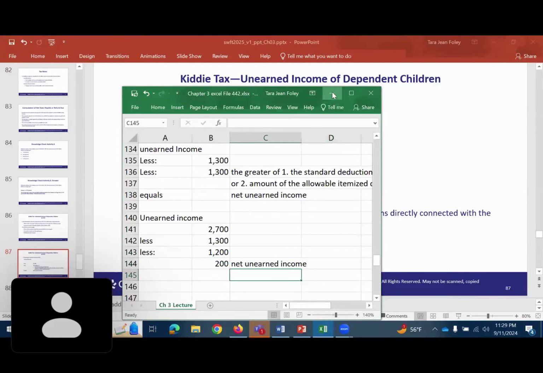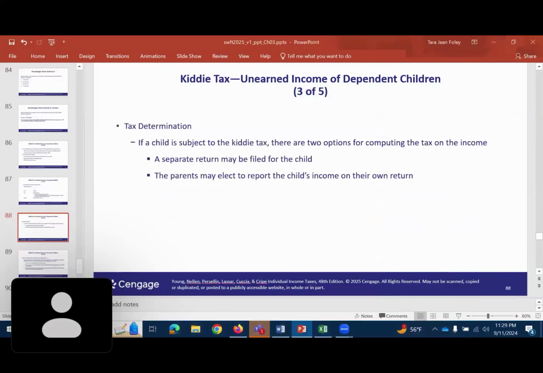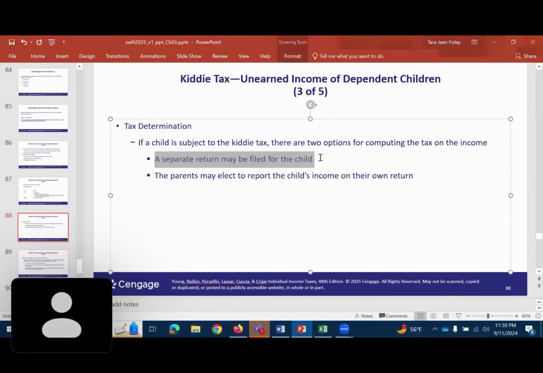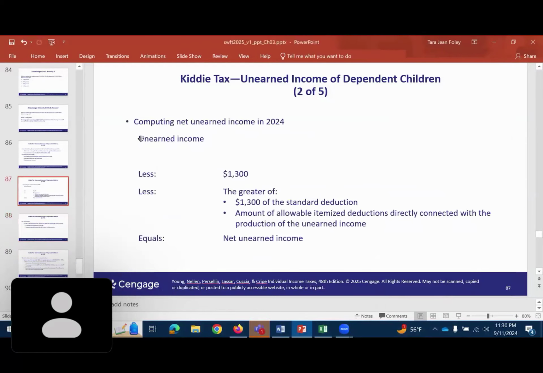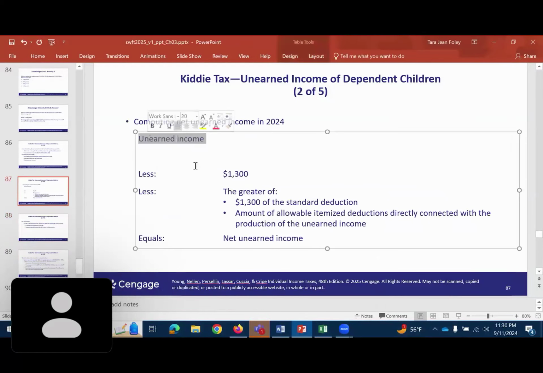Okay. So now, what's the tax determination? If a child is subject to the kiddie tax, there are two options for computing the tax on the income. A separate return may be filed for the child. The parents may elect to report the child's income on their own return. So this is what the total unearned income is. Do this calculation. This is the net unearned income.